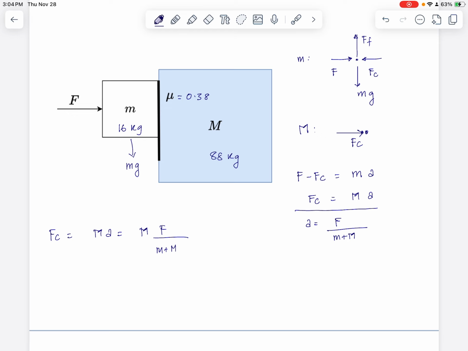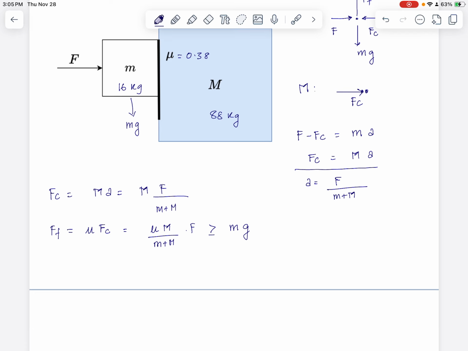Now the friction force equals mu times the contact force, which equals mu times M divided by m plus M times F, and that should exceed the weight of the little block. Therefore the force F should be greater than or equal to little m times (m plus M) times g divided by mu M. So let's compute that.